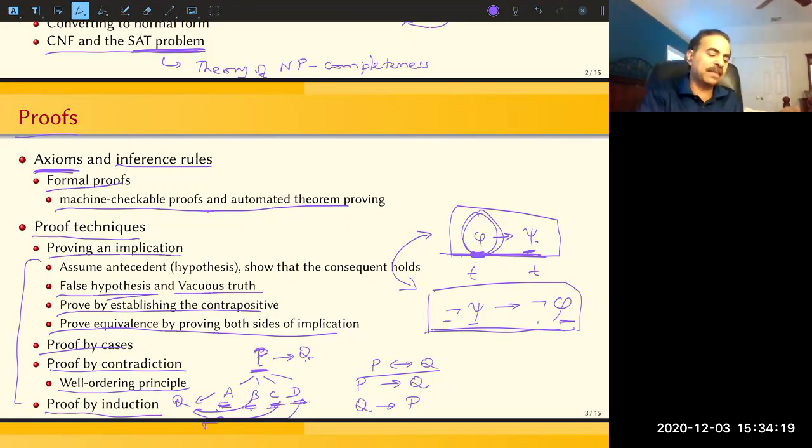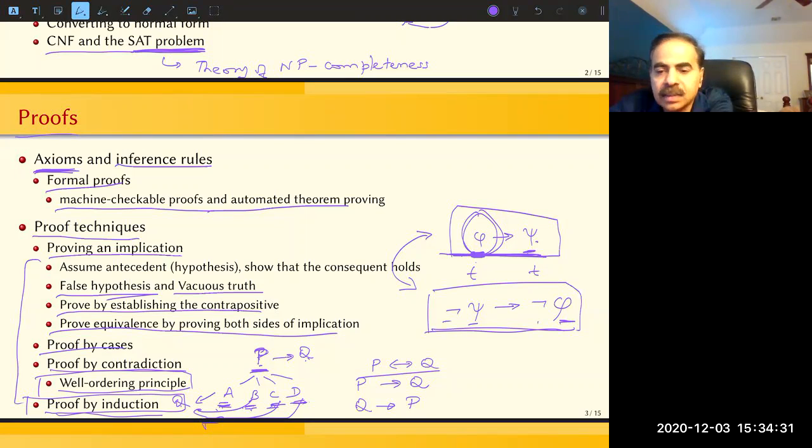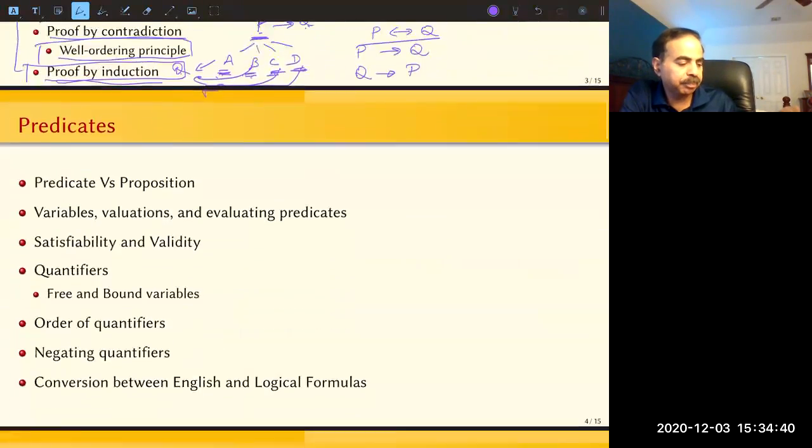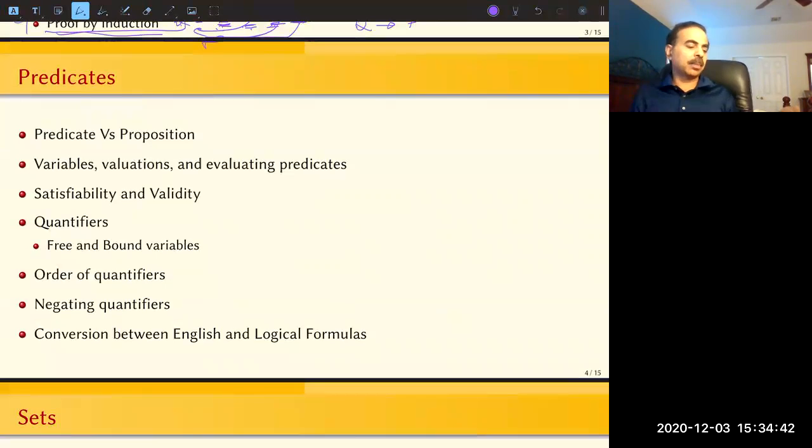So you may not have seen the structure in these proofs, but at least if you saw the structure in induction and well ordering principle, and you learned how to prove using those two techniques, then that's still a good result. So we talked about predicates.